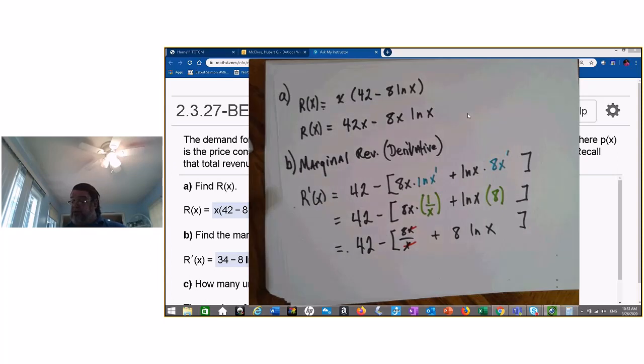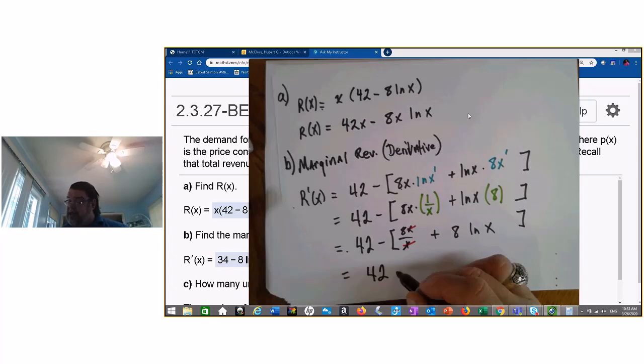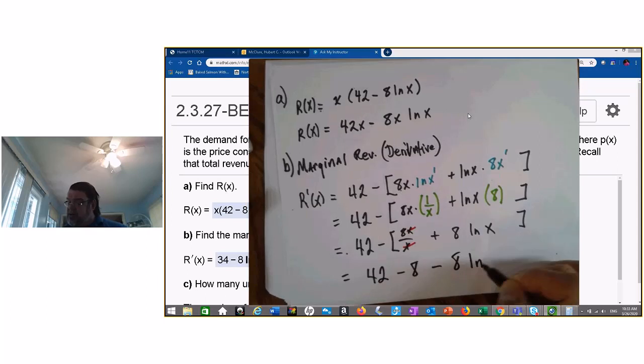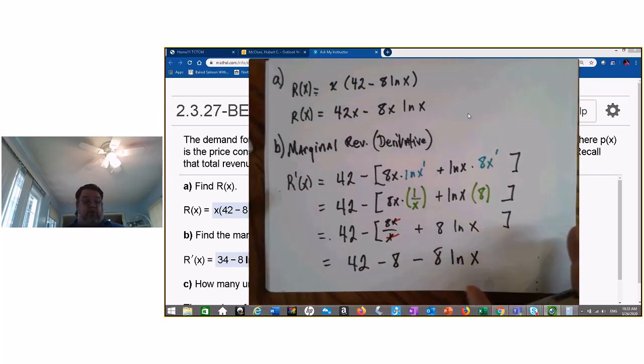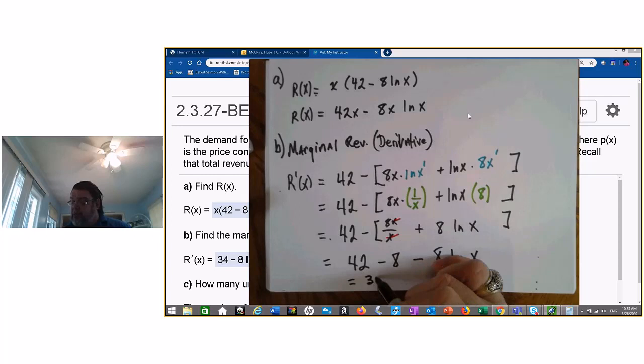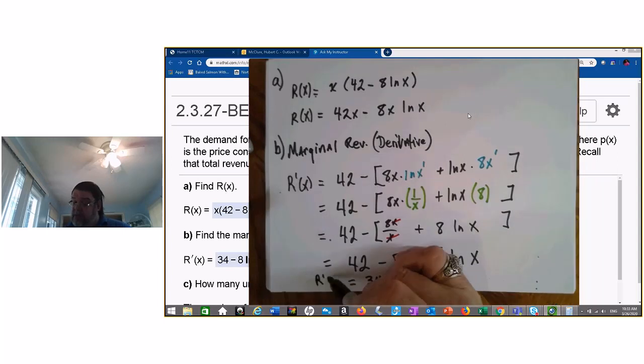That's going to leave you with 42 minus 8 minus 8 natural log of x. And what's 42 minus 8? 34. So that's equal to 34 minus 8 natural log of x. And that is R prime of x.